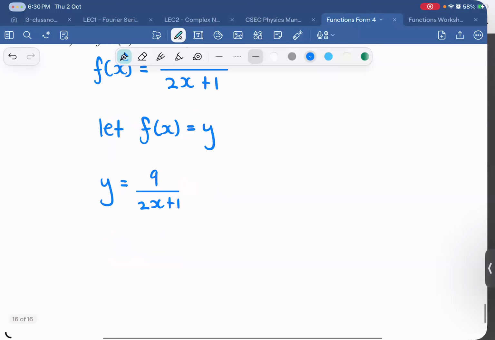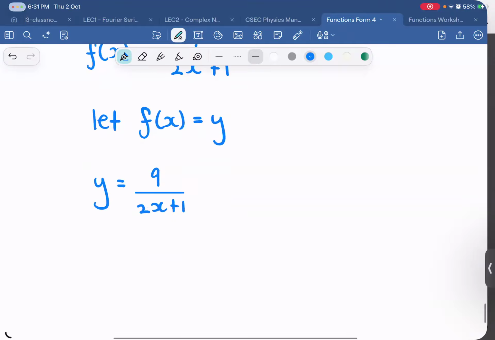The next step is you're going to do what with x and y? Remember, Perseus? Swap x and y? Yes. Okay, swap x and y.